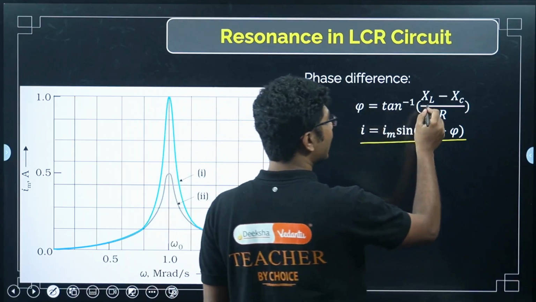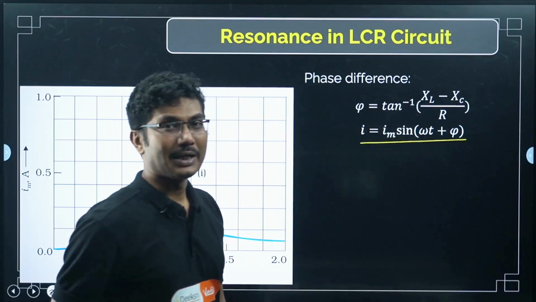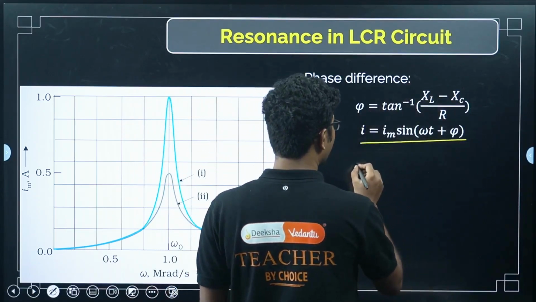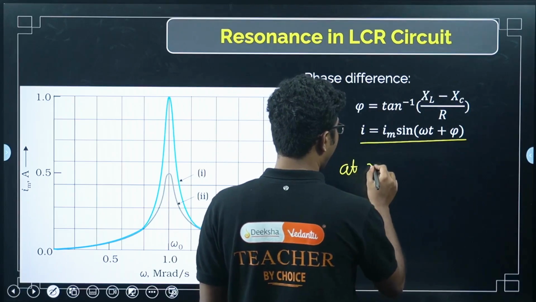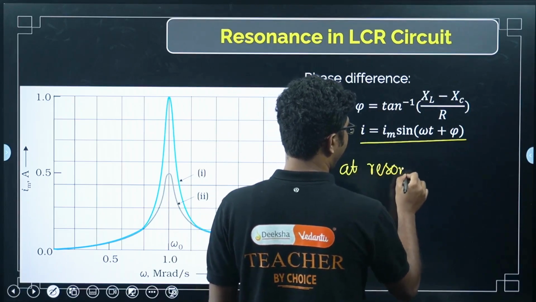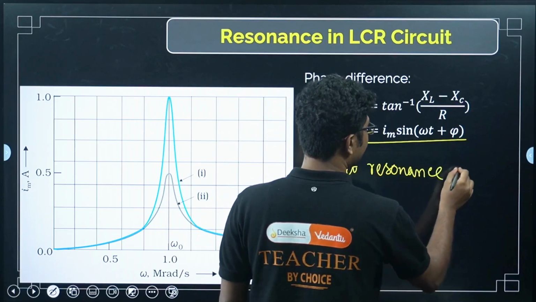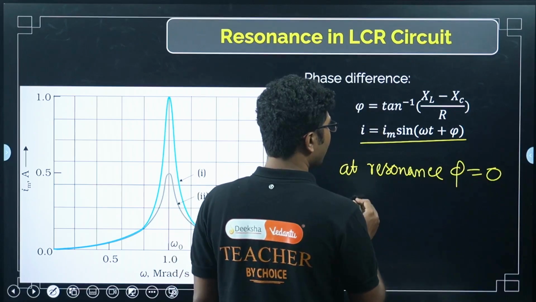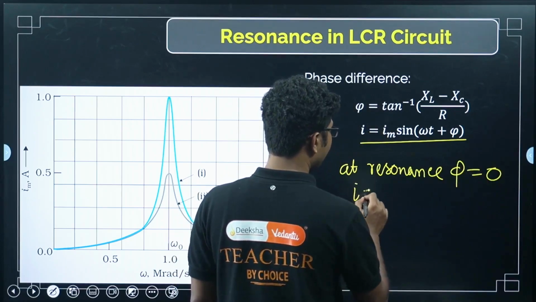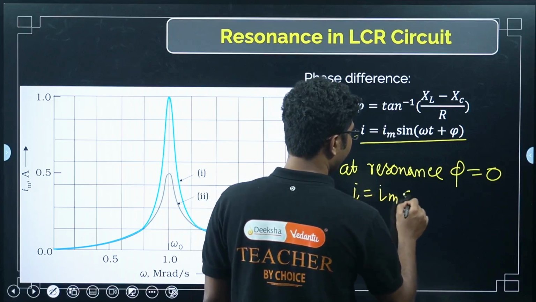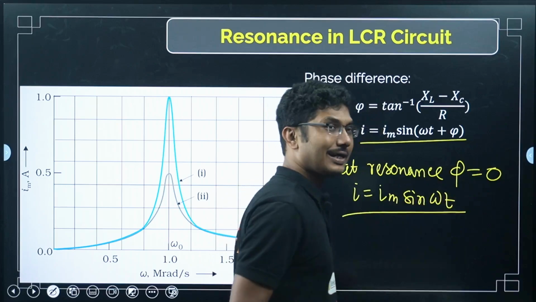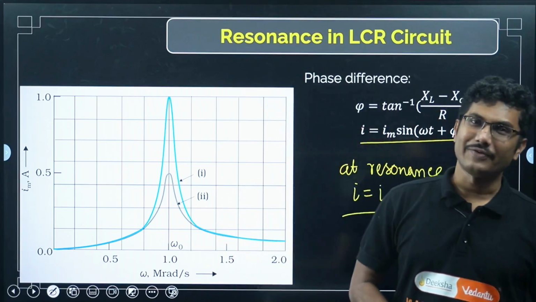At resonance, as you can see, XL minus XC becomes 0, right? So tan inverse 0 is phi equals 0. At resonance the phase difference becomes 0, right? So you can say that I becomes Im sin omega t. So at resonance, the current and the voltage are in phase.